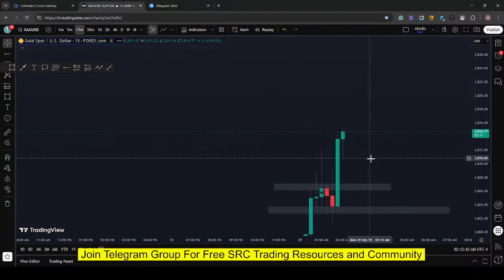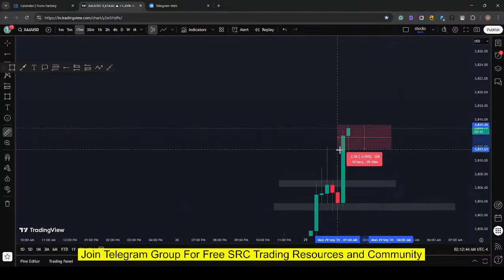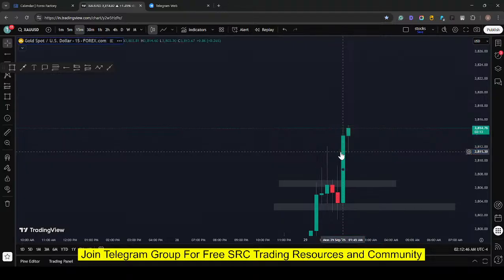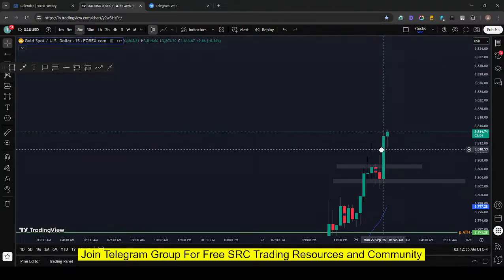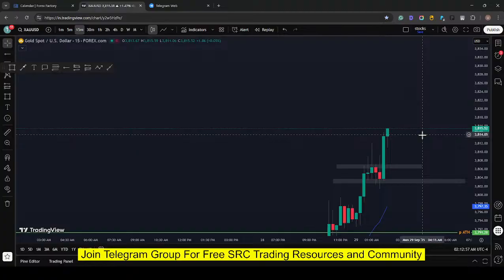Huge candle, man. 30-40 pips stop loss, right? 42 pips stop loss. You can give a shot, but I'm not in this trade.